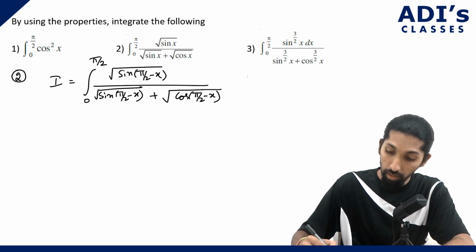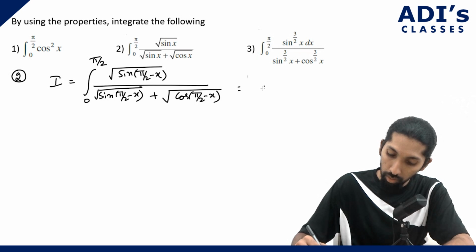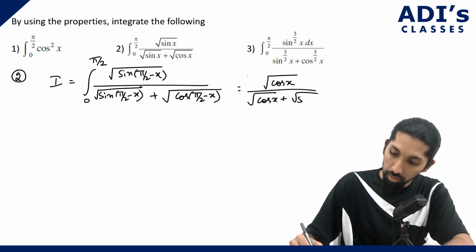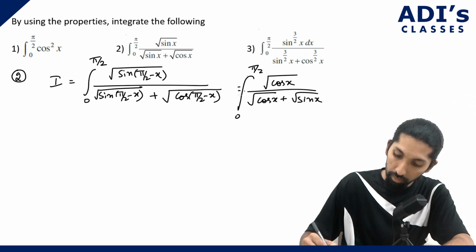Isn't it? This is going to become root of cos x by root cos x plus root sin x from 0 to pi by 2. This is the integral.